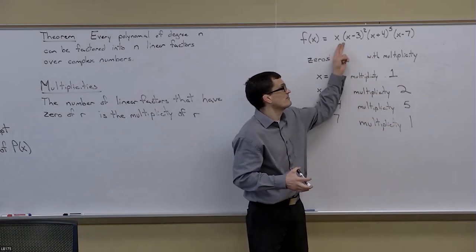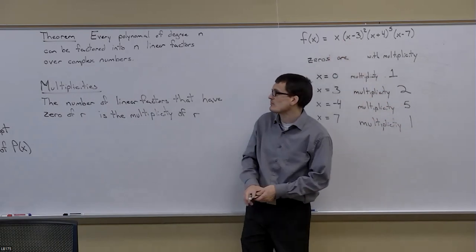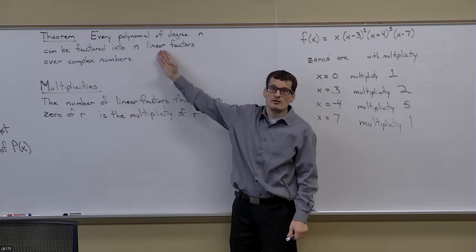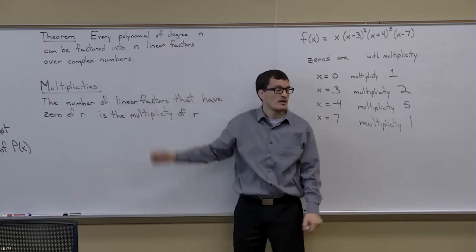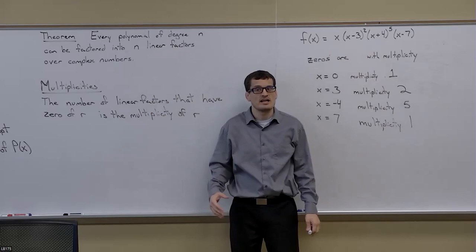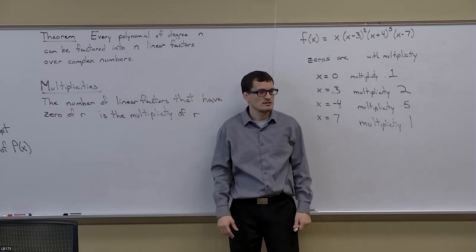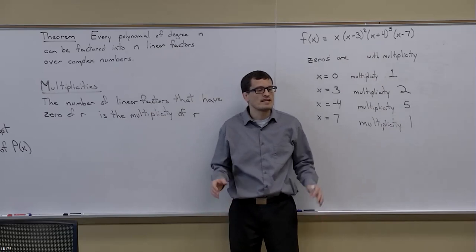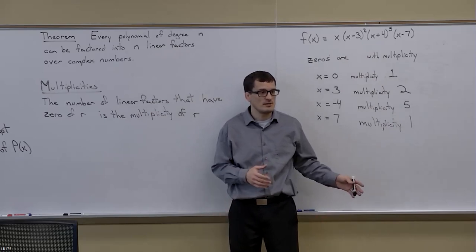Because there are 9 linear factors, remember that's what this theorem said. Polynomials of degree 9 are going to break into 9 linear factors. Here they are. That does not necessarily mean we get 9 zeros. That means we get a certain number of zeros, and if we count their multiplicities, there will be 9 of those, all right?